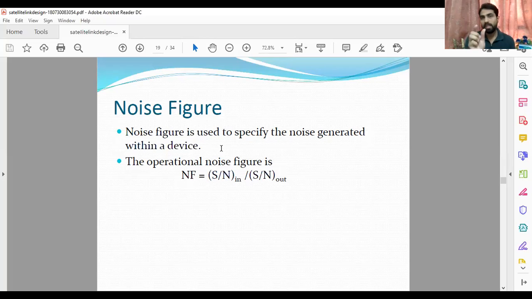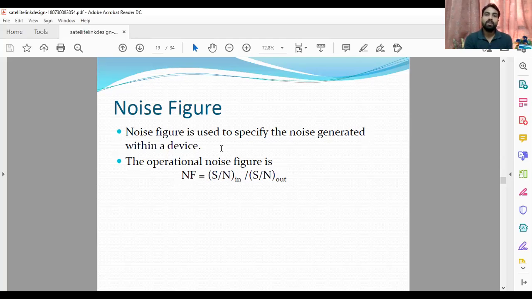And if a device is here, it might be possible that some of the noise is part of the input, coming from the input side, and it might also be possible that this noise is generated within the system. So an important part we have to take care of is whether it is coming from the input side or being generated inside the system.